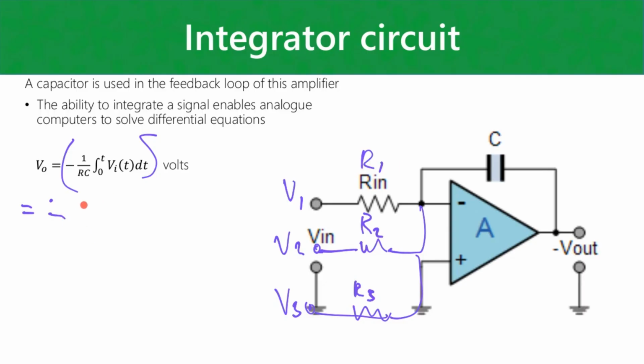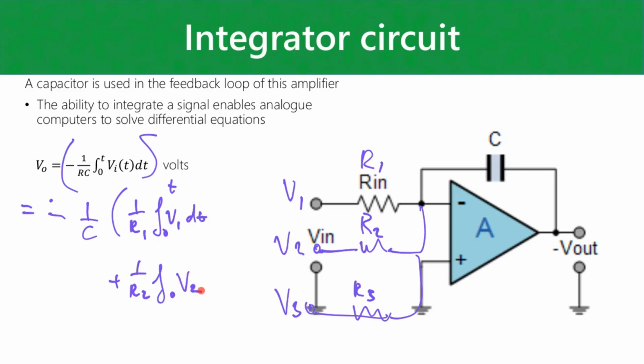So then that formula will become something like 1 over C multiplied by 1 over R1 with the integration of V1, plus 1 over R2, the integration of V2, and the same with R3.